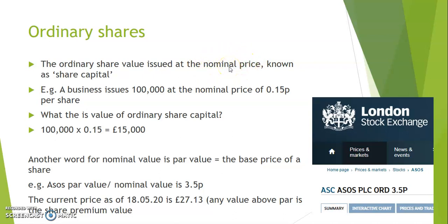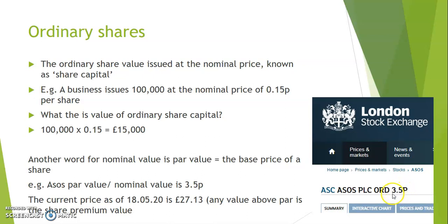And when a company sells a share, the nominal value, so each share that is sold at 3.5 pence, let's just say they sold 10 shares, and they sold them at 5p, for example.